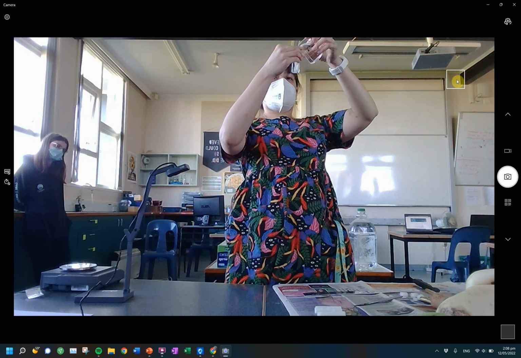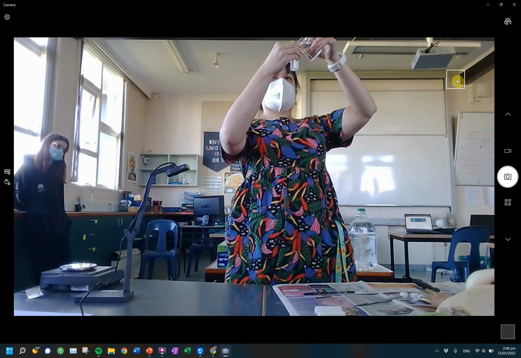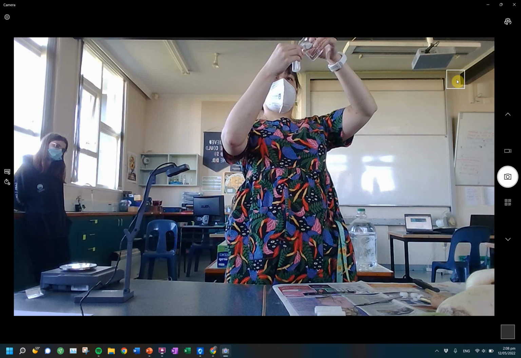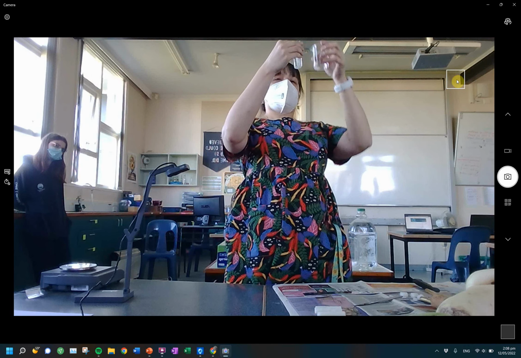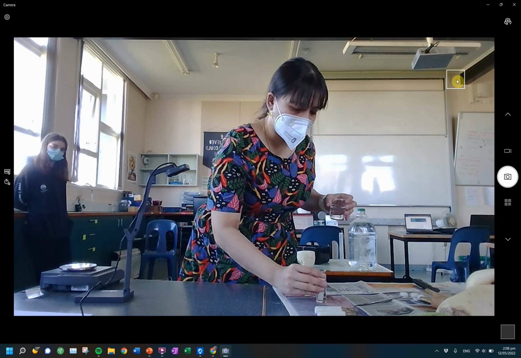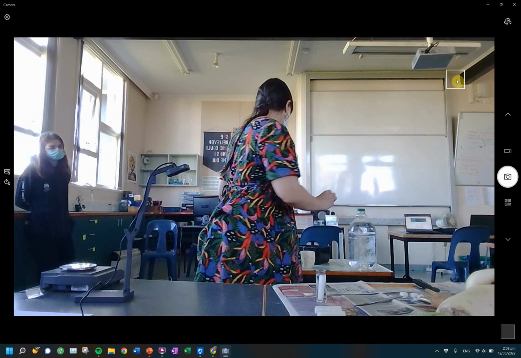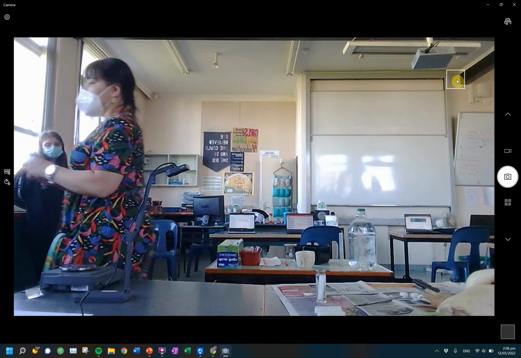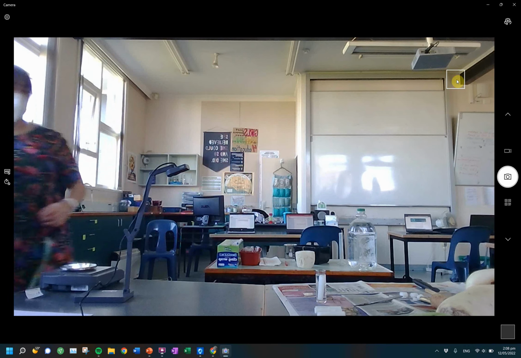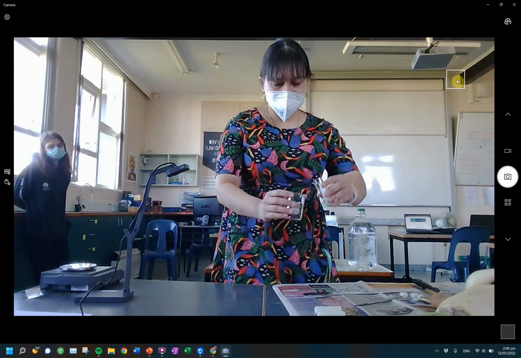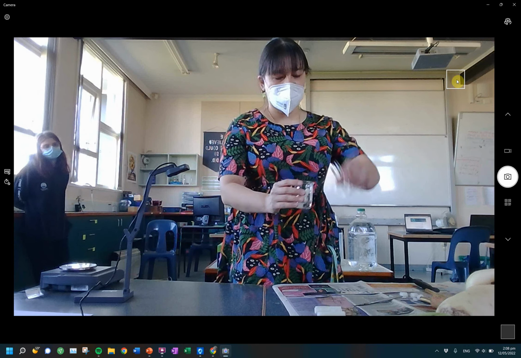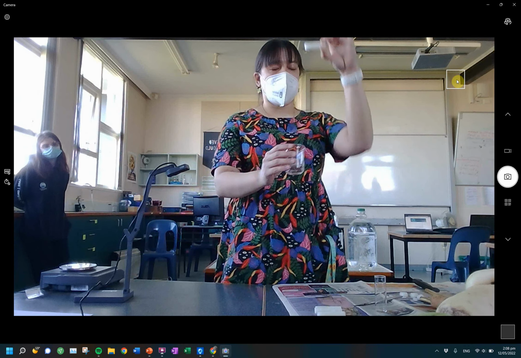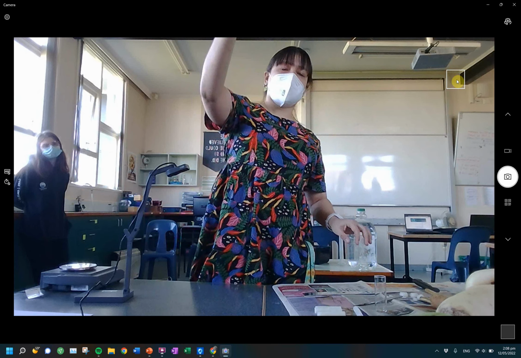I just want enough to cover the turnip, like that. That should be good. And then, to make sure I know the volume of water I'm putting into each one of my little flasks, I'm going to pour it out, take out my little turnip, and then measure this amount of water.